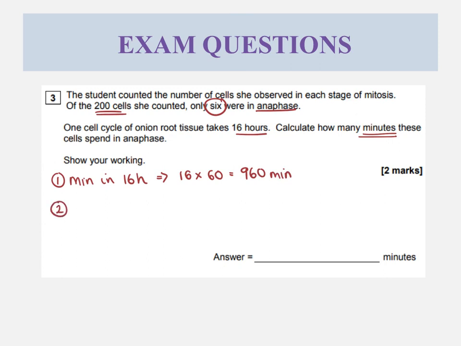And of our cells, 200 of them in total, 6 out of 200 of those are in anaphase. Broadly speaking, we can suggest that 6 out of 200 is equivalent to 3 out of 100.